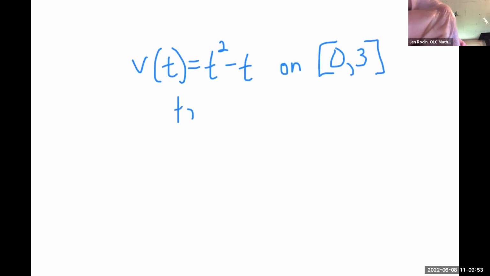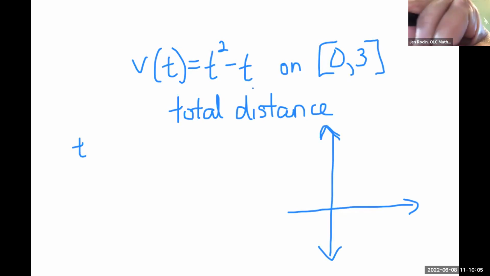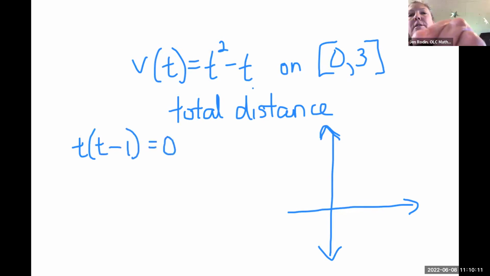Find total distance. And then I personally like to just look at a two-dimensional graph. Let's factor our function. Find out where the zeros are. Those are where it's going to be 1, 2, 3.